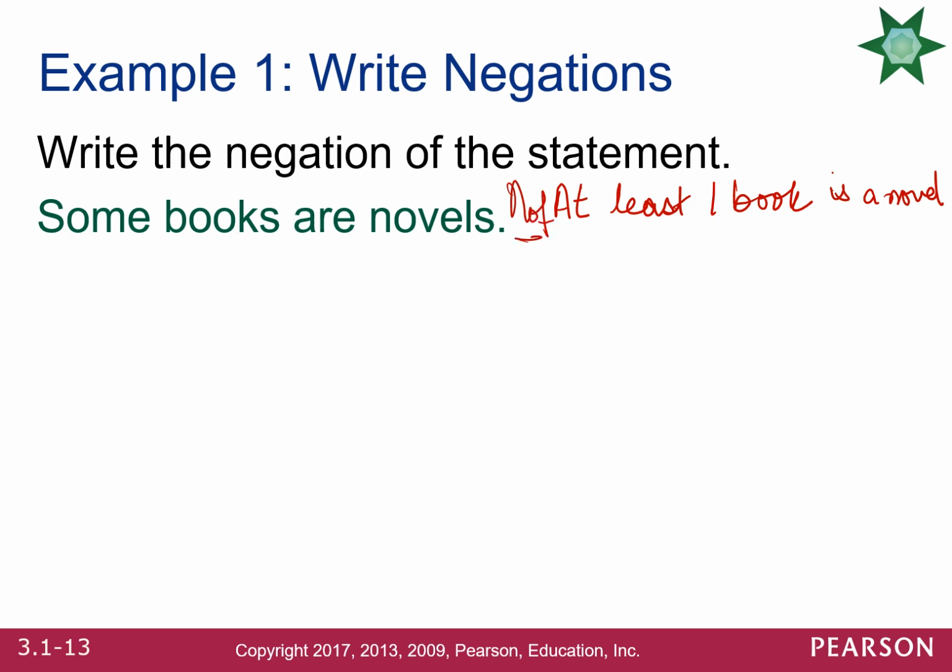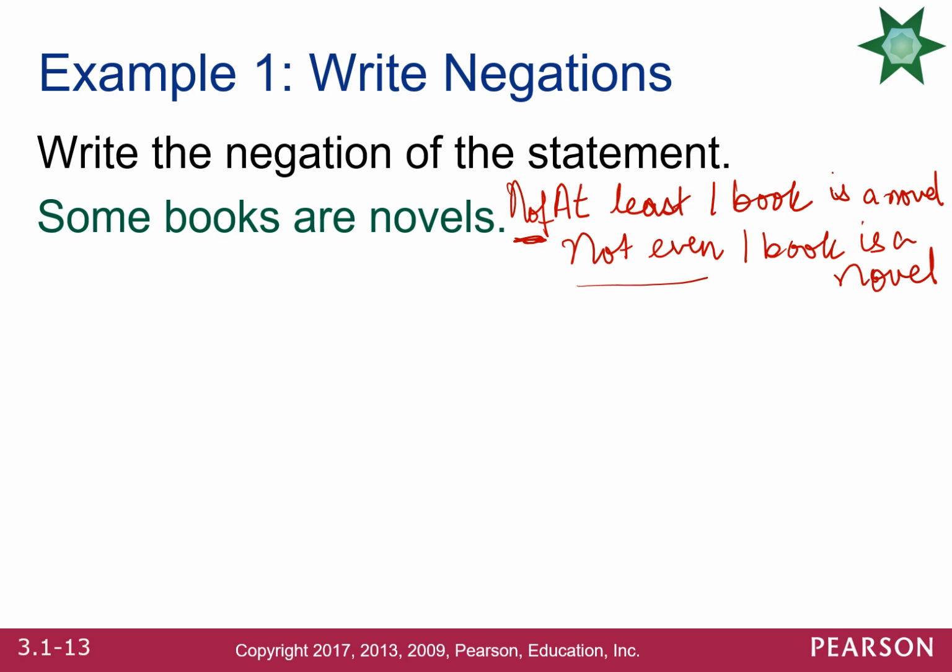When we add the word not, it would mean not even one book is a novel. That means none of the books is a novel. No book is a novel. That would be the negation of some books are novels.